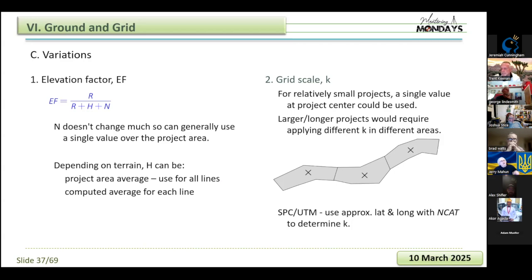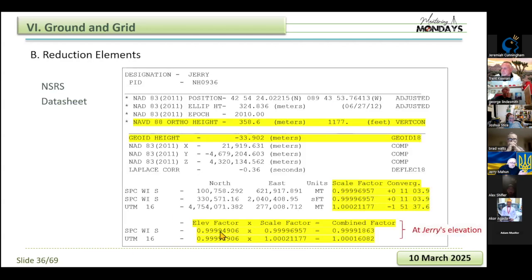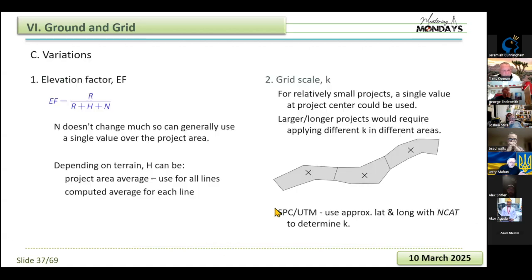The terrain, however, can have an impact on that. You could use Jerry's. So right here, we can use the combined factor at point Jerry for the state plane coordinate calculations. But if I'm going to be working even on just section lines, there's enough terrain variation in that area that this elevation factor is going to vary. So what we normally do is we compute an average for each line.